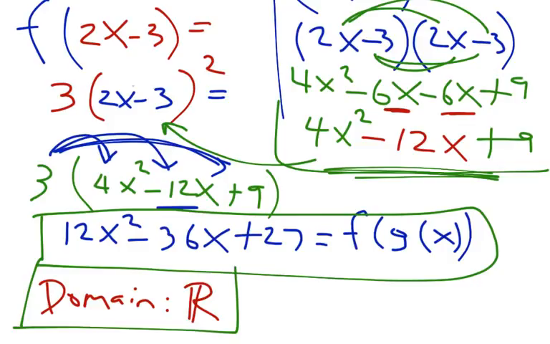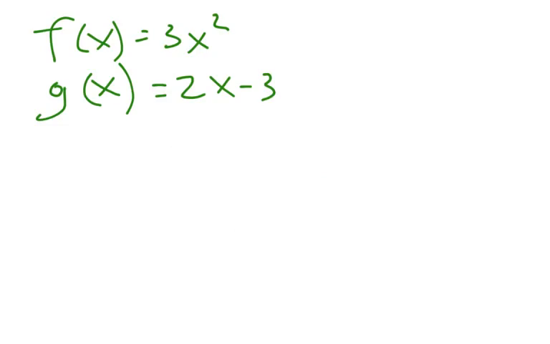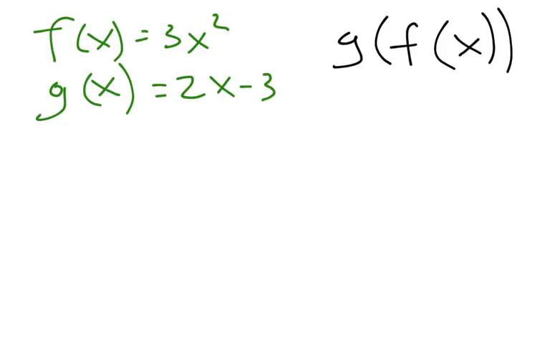Let's do one more. We just did f of g of x in the previous problem. Now I want to do g of f of x. Basically the process is the same, it's just the order of the functions.